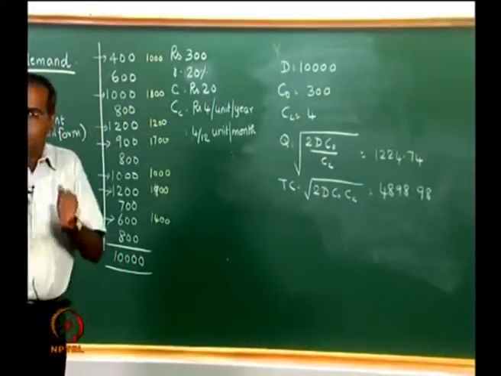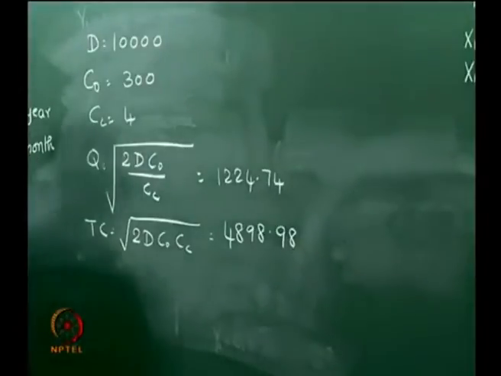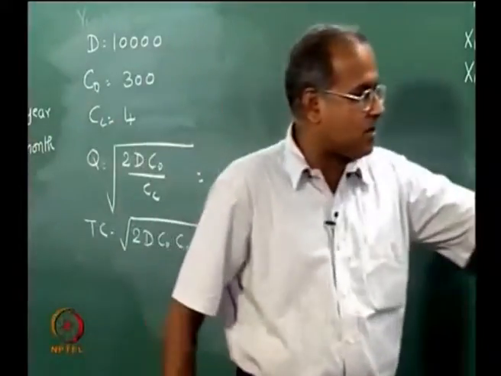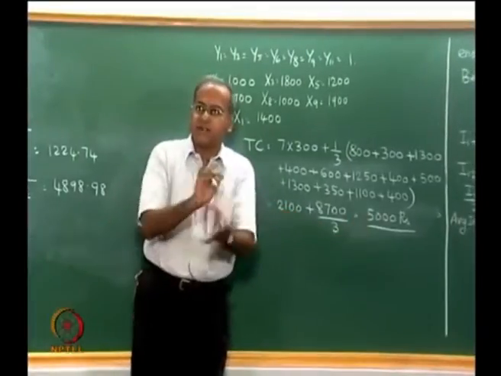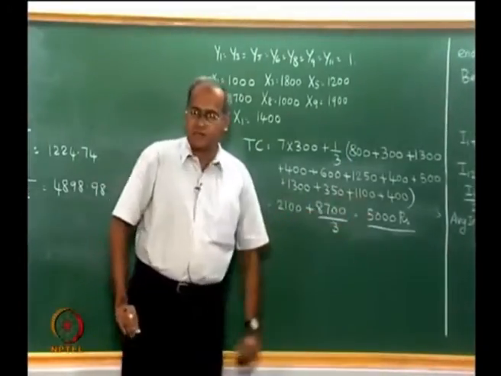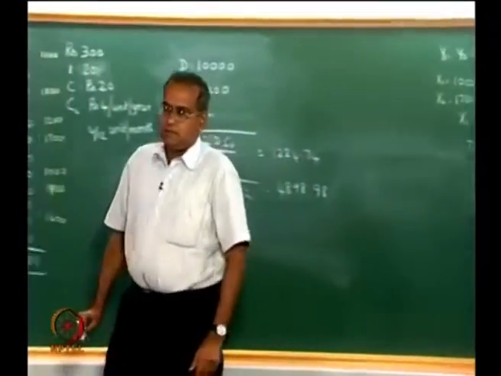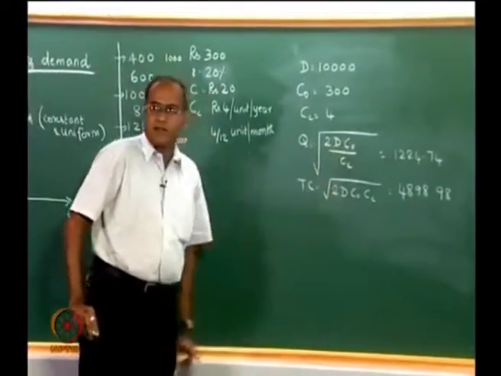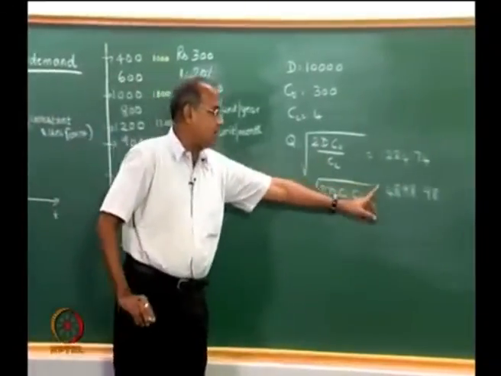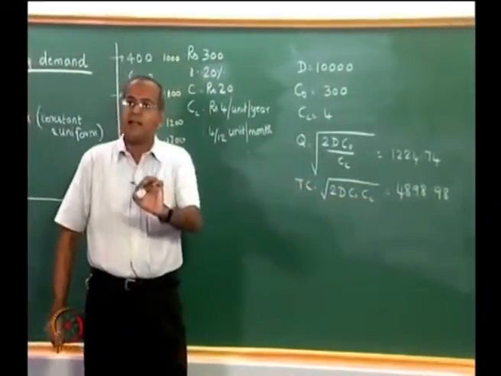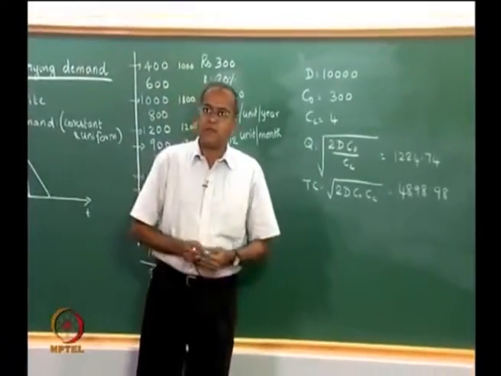Now we have to first understand this is an optimal solution to an integer programming problem under certain assumptions, which gives us 5000. The best value of economic order quantity, assuming that this is an annual demand of 10,000, is 4898.98, and it is slightly less than that 5000.